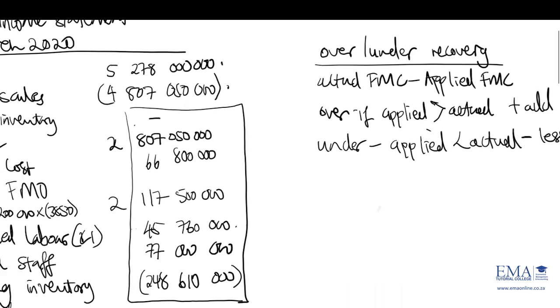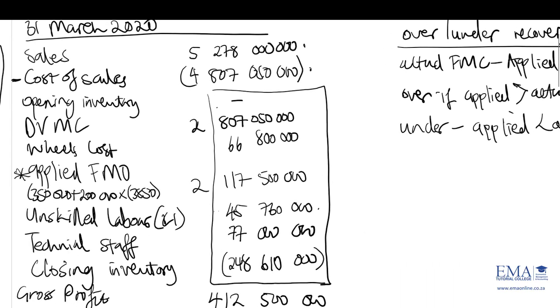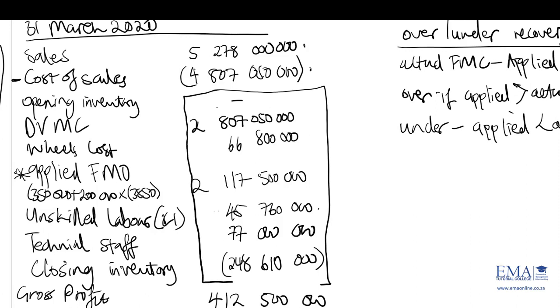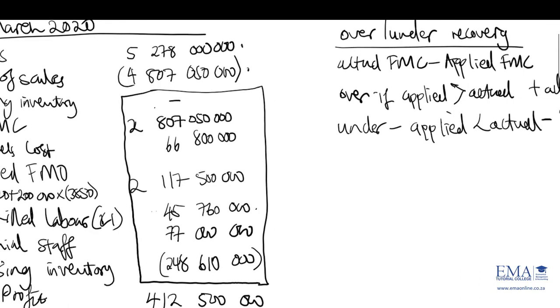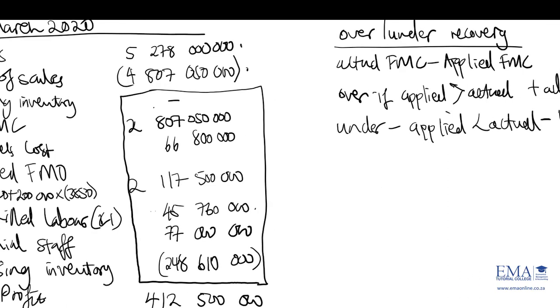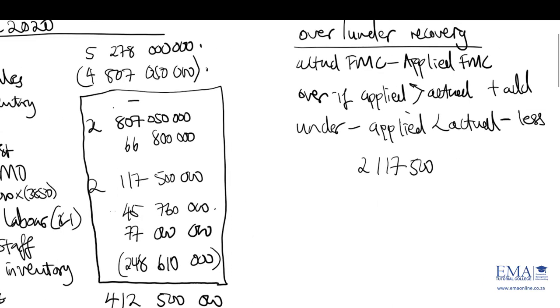Our applied overheads is given here in the statement. Our applied as we calculated them was this much. Sorry, I need to extend this box. Okay, so our applied in this case was 2,117,500.